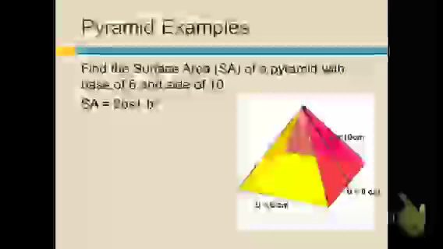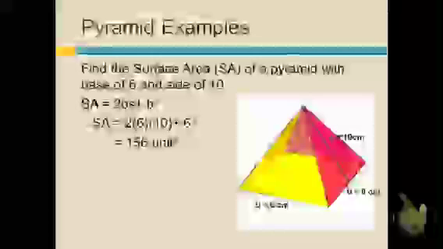The slant, the side here, 10, is really the height of each triangle, and the formula would be 1/2 the base times the slant. But since we have 4 times a half is 2. So I would plug in a base of 6 and a side of 10 accordingly, simplify, and find that I have 156 square units as my surface area.